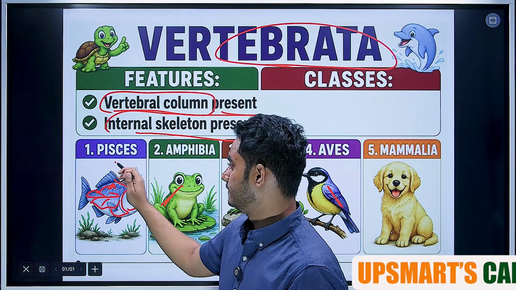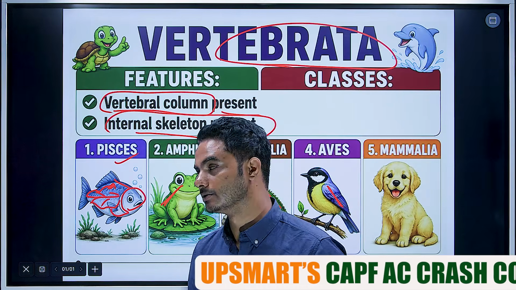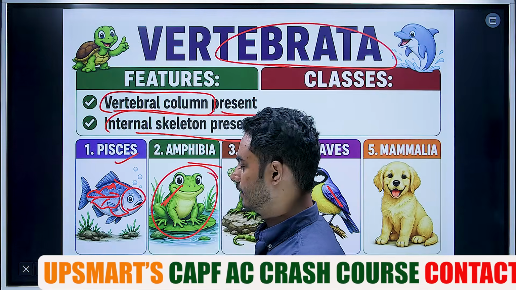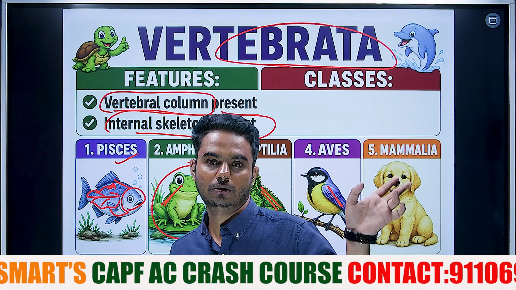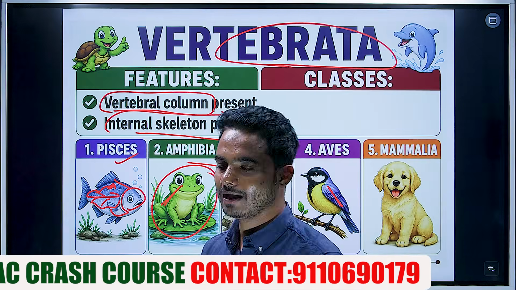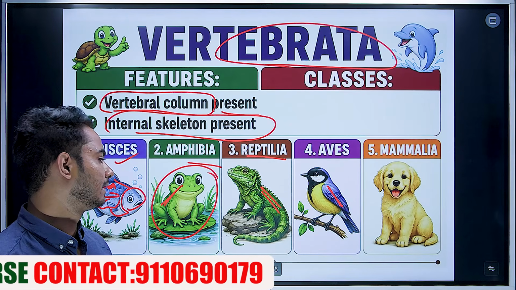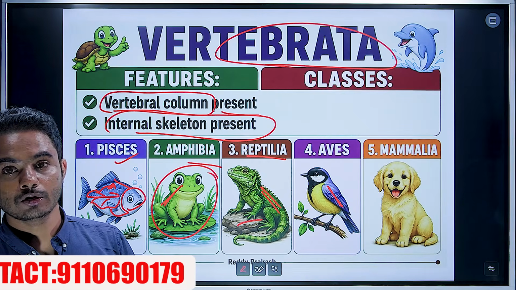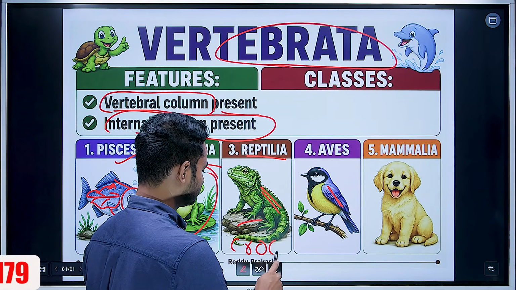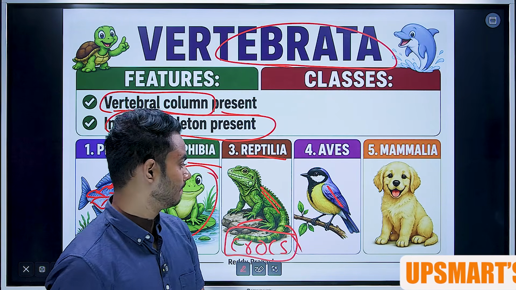Examples are pisces, means the fish species, all the fish species. Amphibians are frogs and other things. They live both on water and soil. If they want to reproduce, they will go to the water. Those are amphibians. Next are reptilia. Reptilia are all the lizard-like creatures. And remember crocodile importantly, crocs, not the Crocs footwear. Of course, Crocs are named after crocodile only.